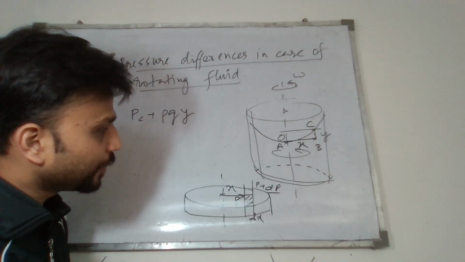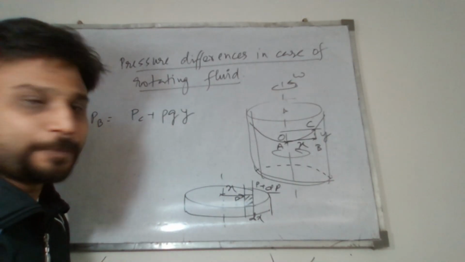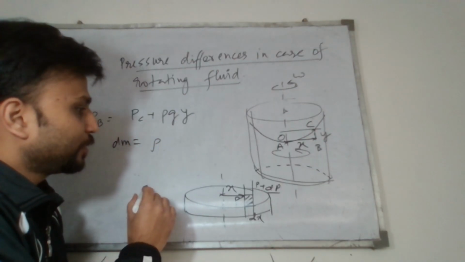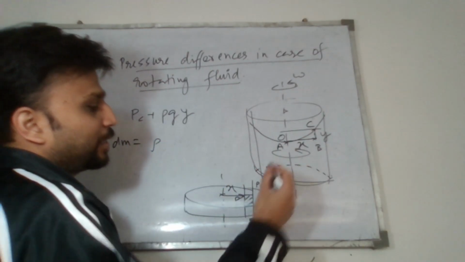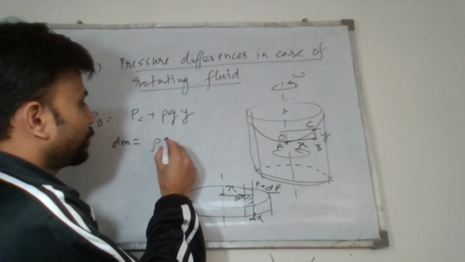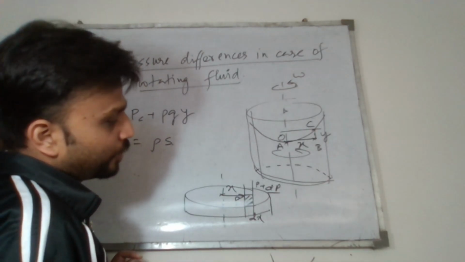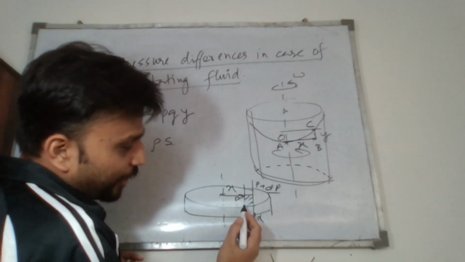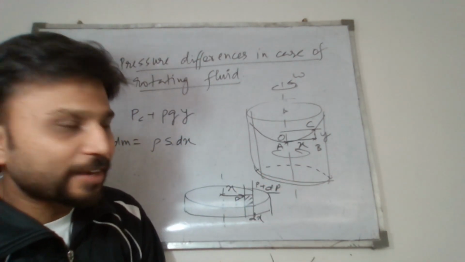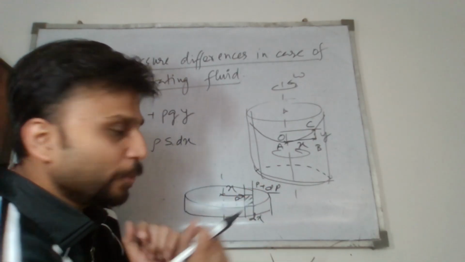So, what is the mass of the element contained within this shaded part? Its mass is simply density into, let's say it has some cross section area S, into the length of the element dx. So whatever cross section area we have, multiplied with the dx element, will give us some volume, right?